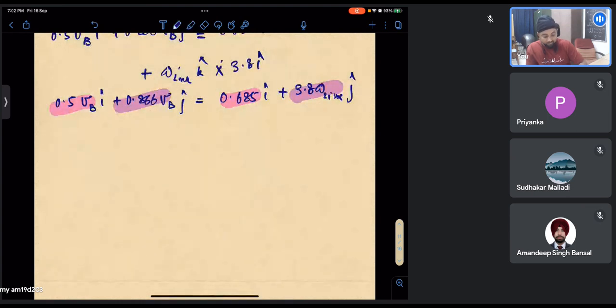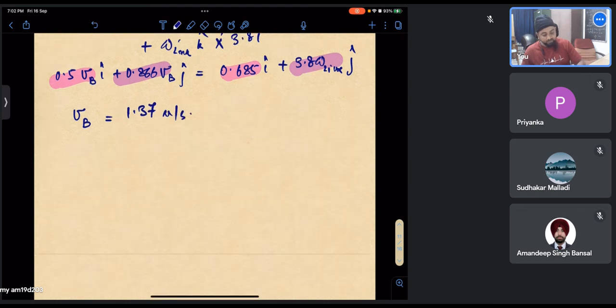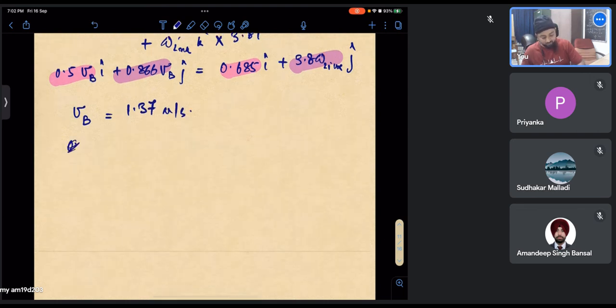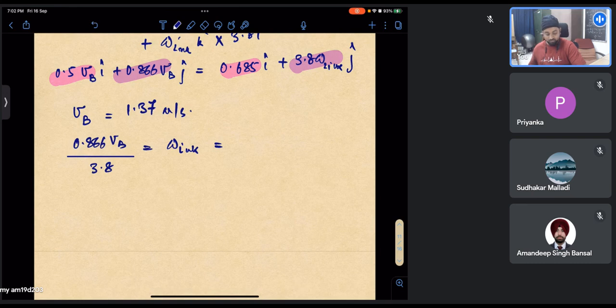So from here we can see that VB is nothing but 0.685 by 0.5, 1.37 meters per second, and 0.866 VB by 3.8 is our omega link, which comes out as 1.37 into root 3 by 2 by 3.8, which comes to 0.312 radians per second.